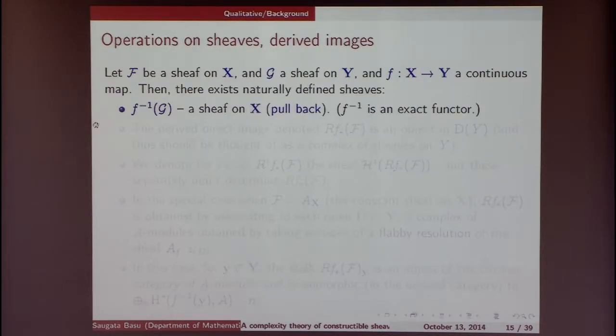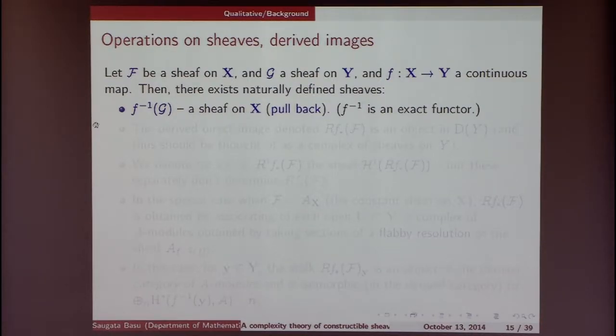Okay, so we are now going to have operations on sheaves, and in your mind you should think of going back to the operations for semi-algebraic sets, namely pulling back and pushing forward.